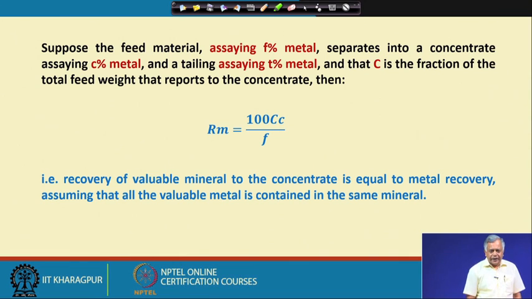What I try to say is, suppose I have got 5% of a metal in my feed material and I have upgraded it to a concentrate which contains 20% of that metal, and you have got 0.2% of that metal in your tailings.